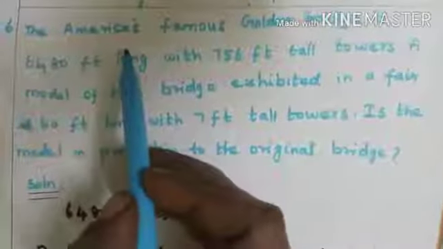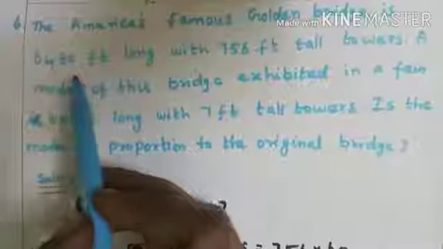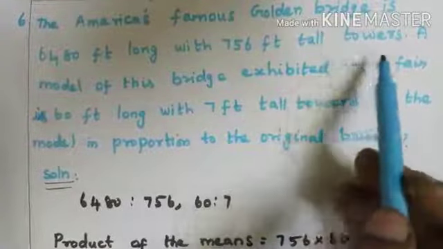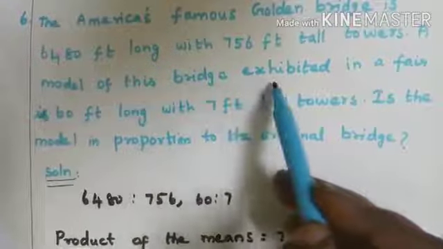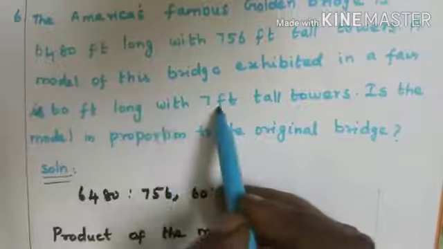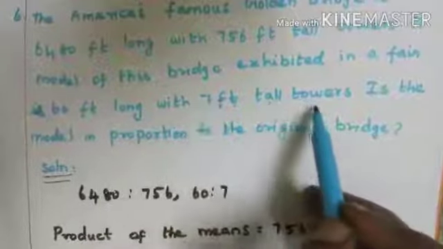The next question, the sixth question. America's famous Golden Bridge is 6,480 feet long with 756 feet tall towers. A model of this bridge exhibited in a fair is 60 feet long with 7 feet tall towers.